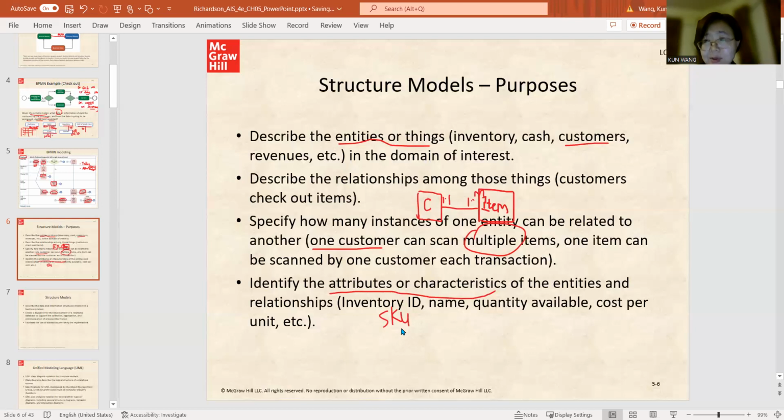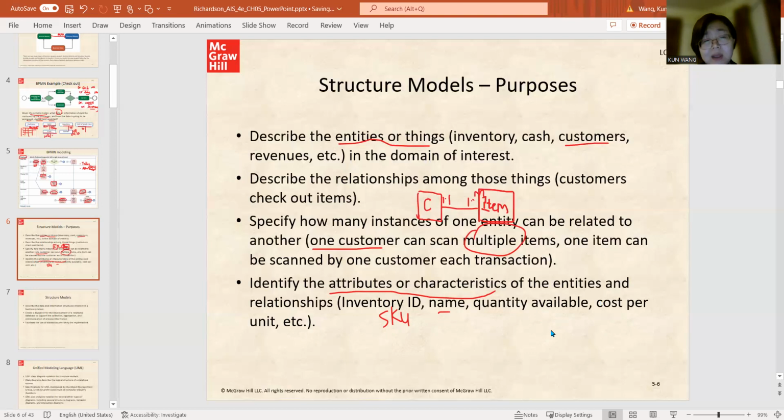SKU number, the inventory number, and then the name of the inventory, quantity available in the store, so we can know when the customer checks out, we can get an immediate update for the remaining inventories, and the cost per item, or you maybe even have the price per item.